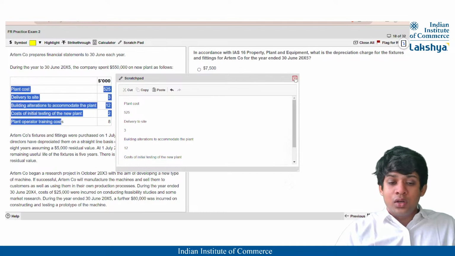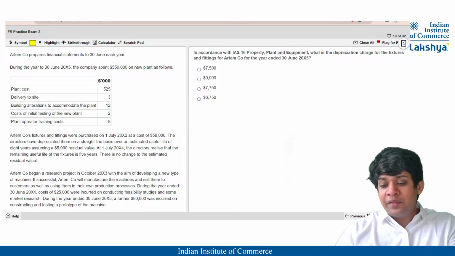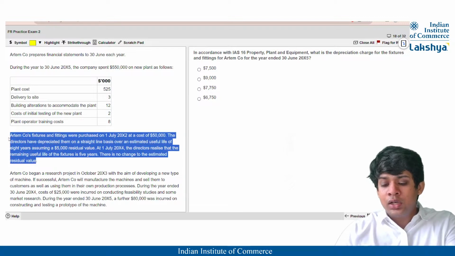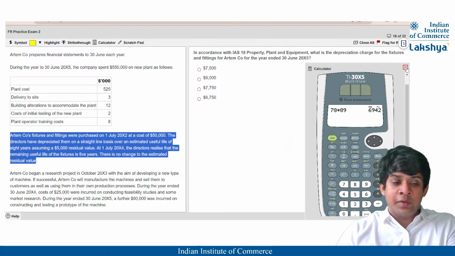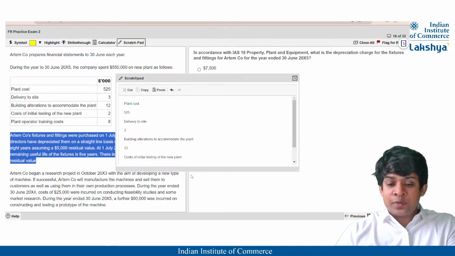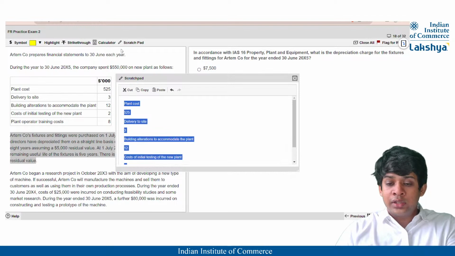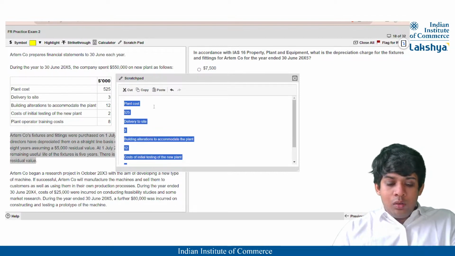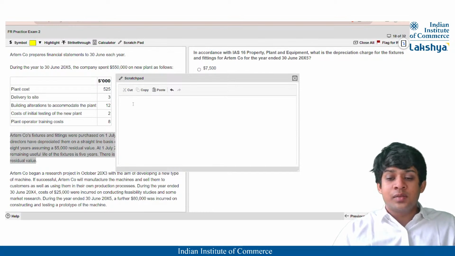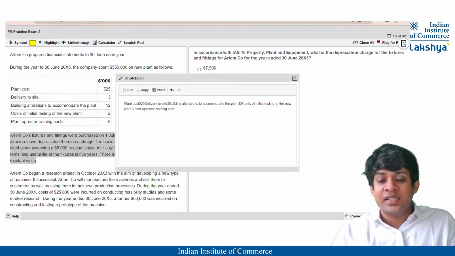Okay, this is the part that I've taken, so it has not been copy pasted clearly. If I want to copy paste any part from here, I'll just press Control C for copy, and open the scratch pad. I'll remove this whole thing, backspace it, and then I'll do Control V for pasting the question.